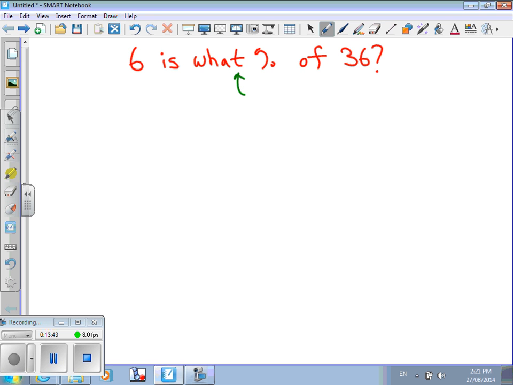What percent is the thing we're looking for? 36 is the whole, and 6 is the part. Hopefully, you'll have no trouble picking out those 3 things. If you need more practice, skip ahead to the exercise at the end of this lesson and practice until you are comfortable with it.